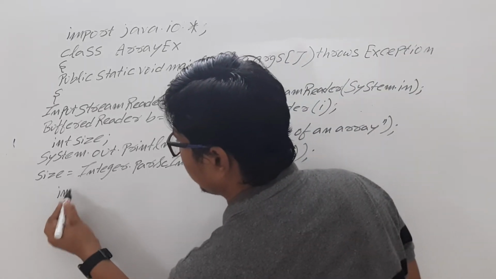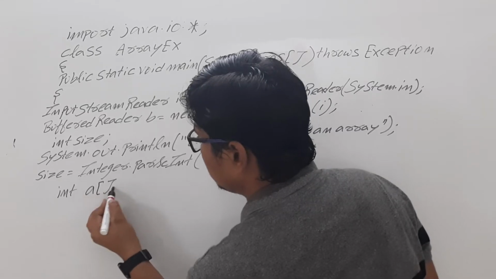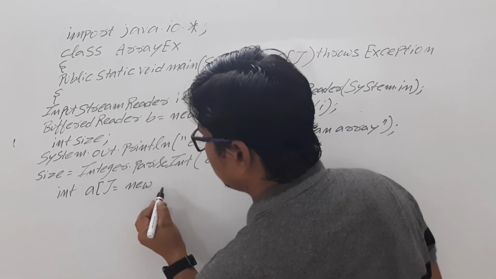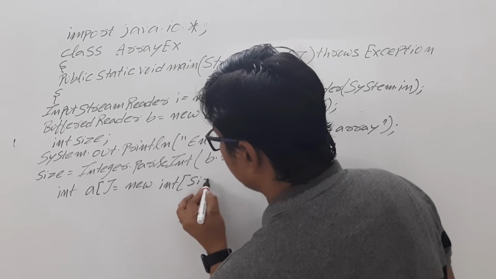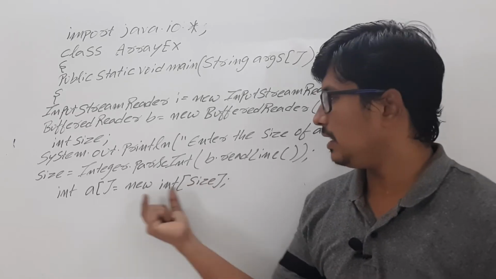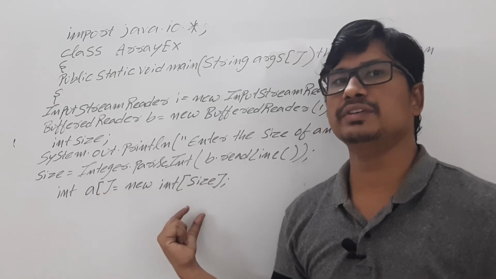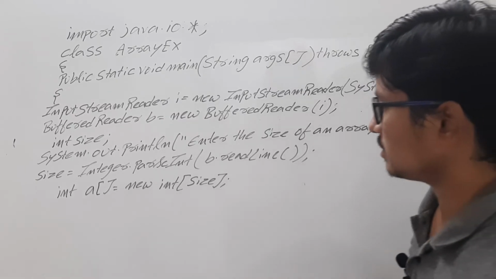You know the syntax: int array name, I am writing it as a is equal to new int[size]. So if the user has entered the size as 5, then an integer array a of size 5 means you can store 5 integer constants.